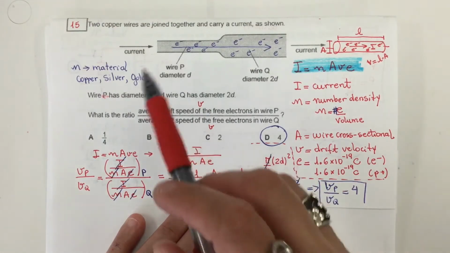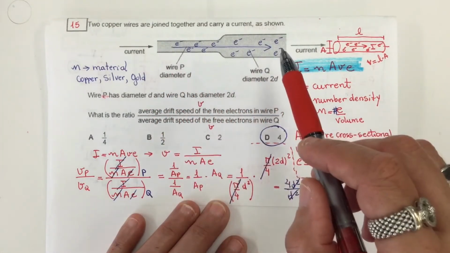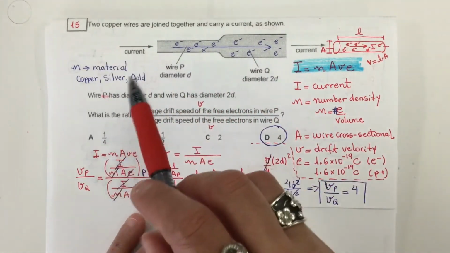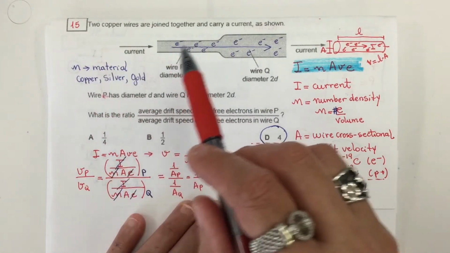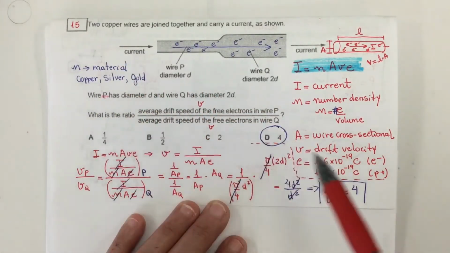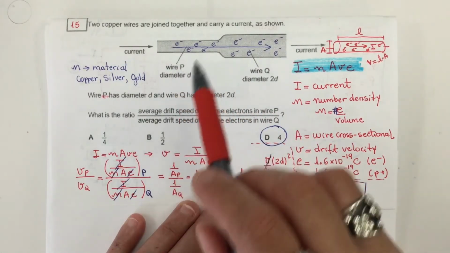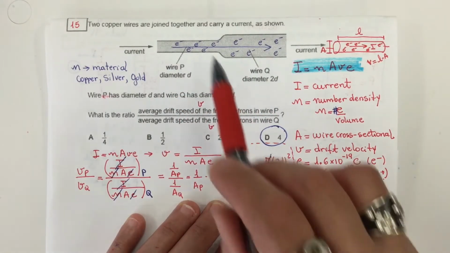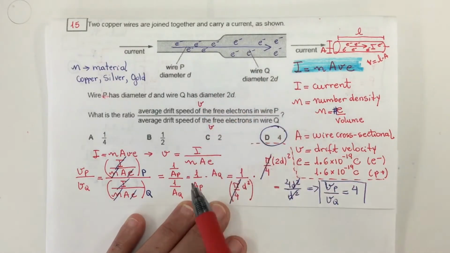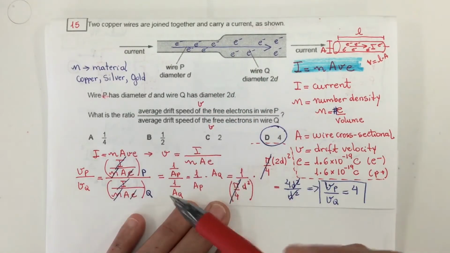I mentioned that the current flow is the same. I mentioned that the material is the same, copper, which means that the number density is the same value, and it's asking for the free electrons, so it's talking about the same charge. That made it way easier to solve this problem.